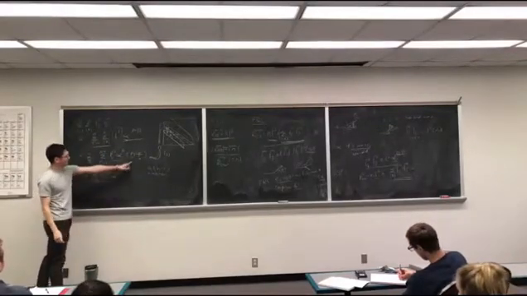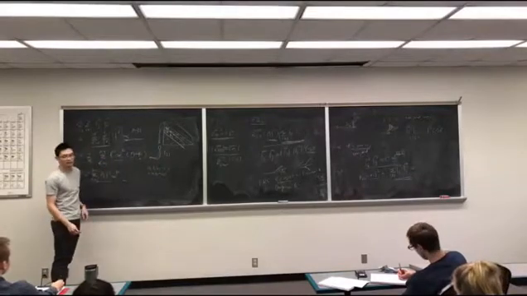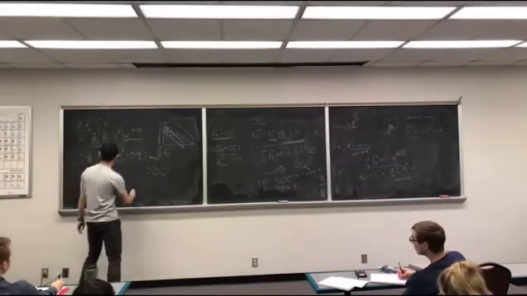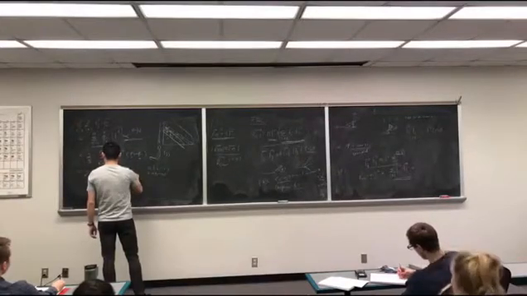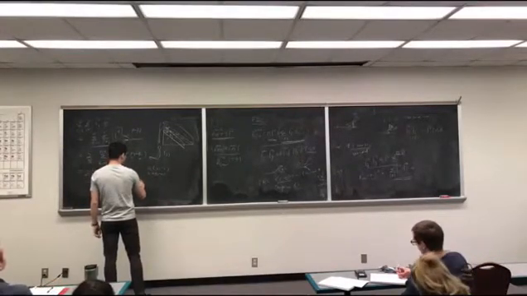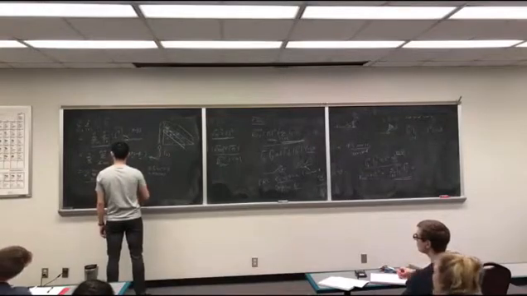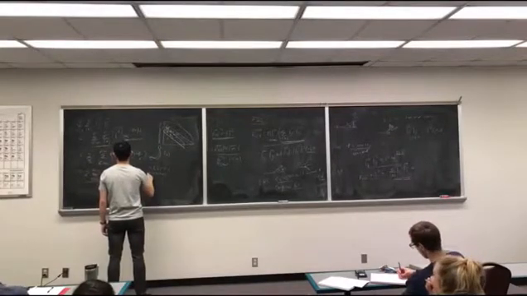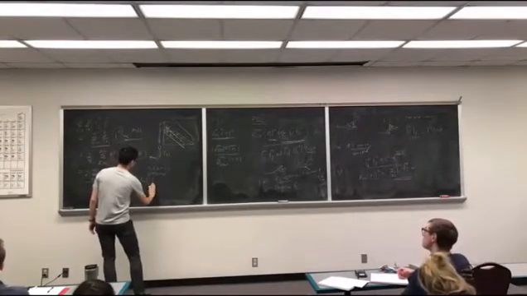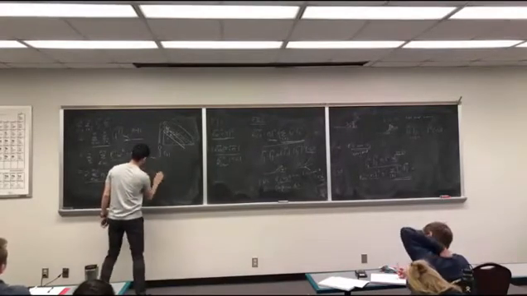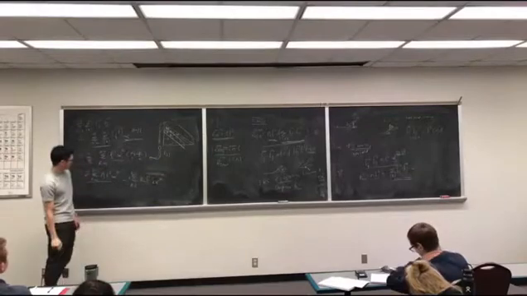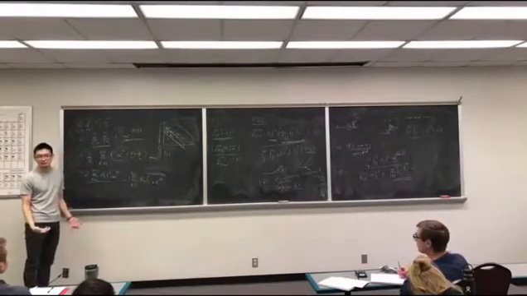Minus, we're now going to move the k to here, k L squared alpha k. Okay, nice and fancy.